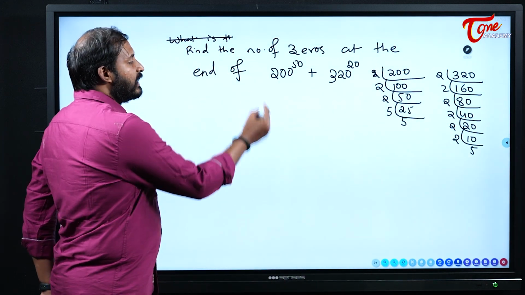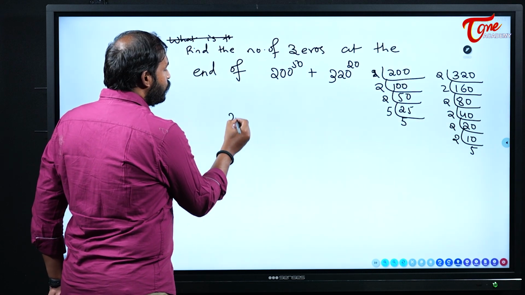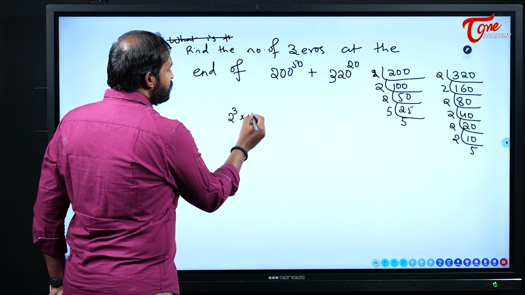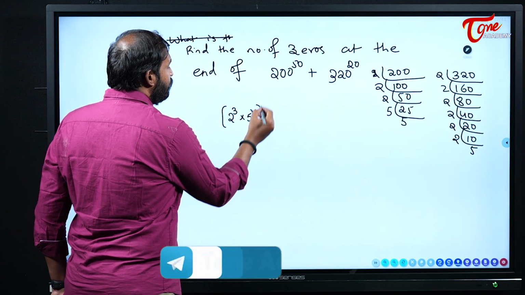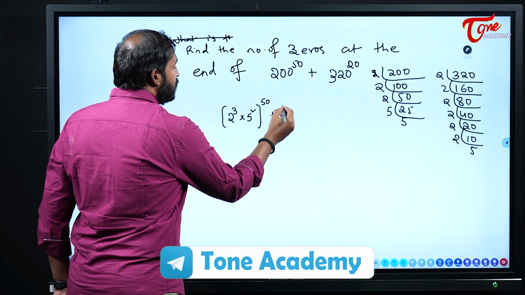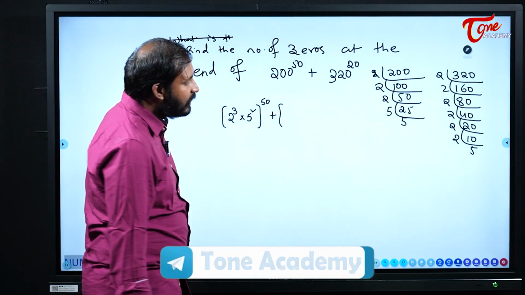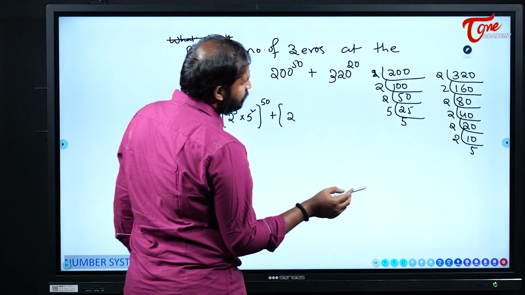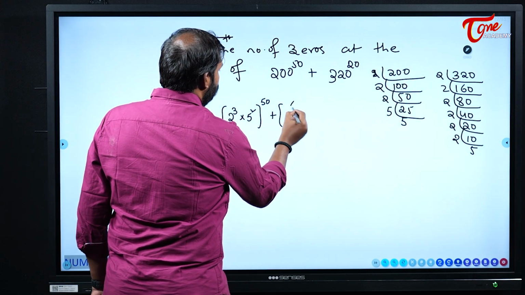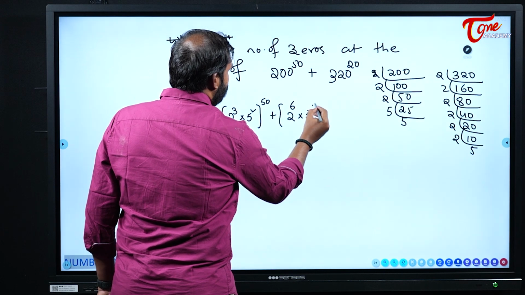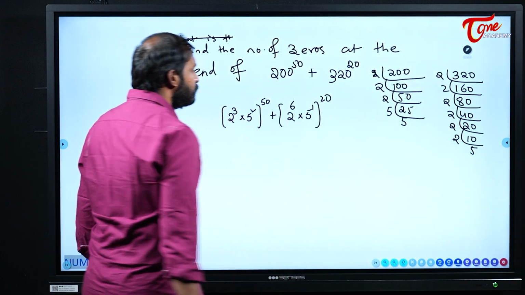So now, I can write my 200 as 2 cube into 5 square, whole to the power of 50, plus, for 320, 2 to the power of 6 into 5 to the power of 1, whole to the power of 20.